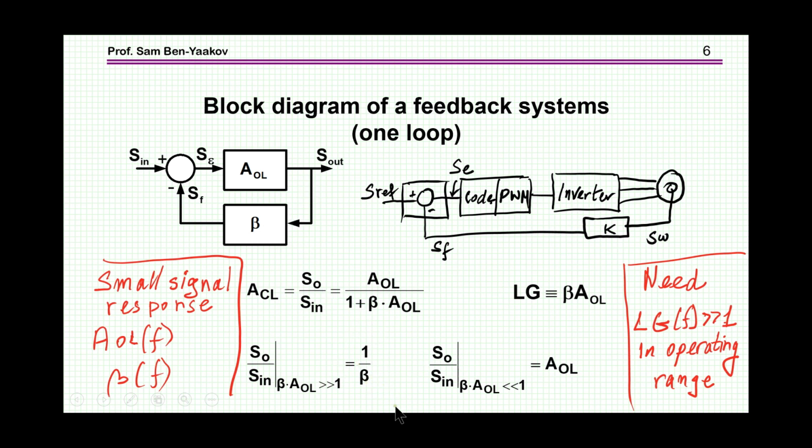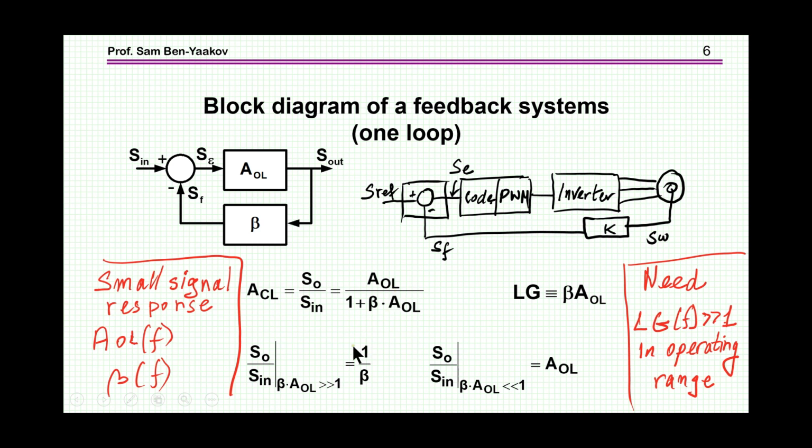Now what happens if, however, beta A is smaller than 1? And this will always happen, because eventually at high frequency, because of the attenuation of the system and the frequency dependence, this number goes down and down. Then when it becomes smaller or much smaller than 1, we go back to the system.